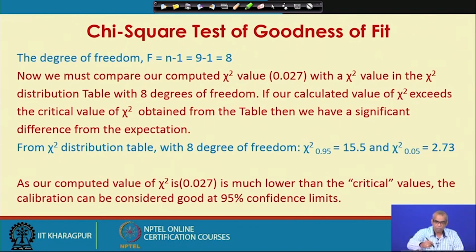We see that our computed chi-square, which is 0.027, is much less than chi-square at 95% confidence level and chi-square at 5% level. So, we say that the calibration can be considered good at 95% confidence limits.